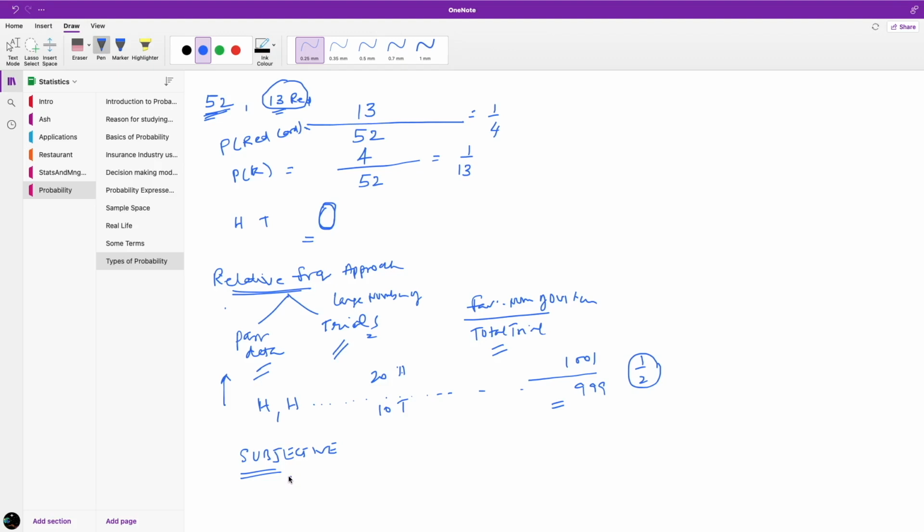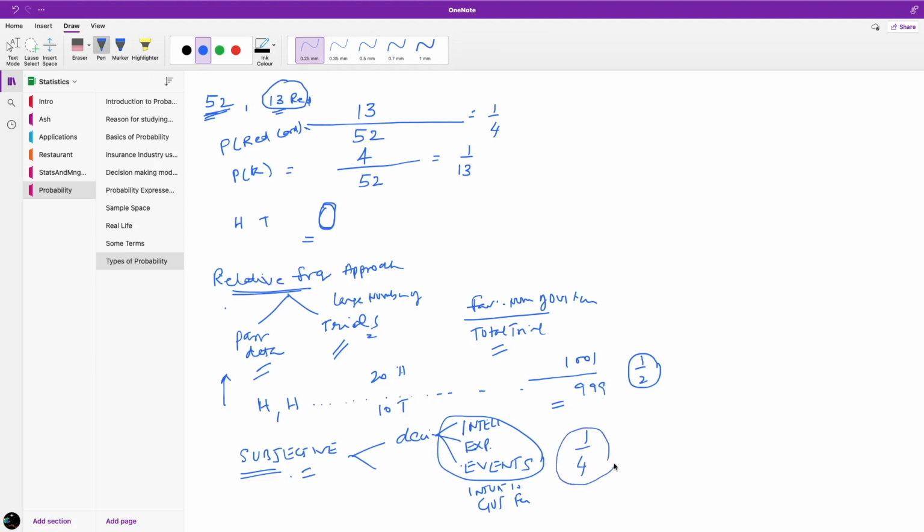Subjective probability deals with unique situations, and is based on some belief or educated guesses of the decision maker. Here, somebody who is deciding, the decision maker, with his intelligence, past experience, and past events, maybe directly or indirectly related, using these and some intuition, some gut feeling, comes up with a number.